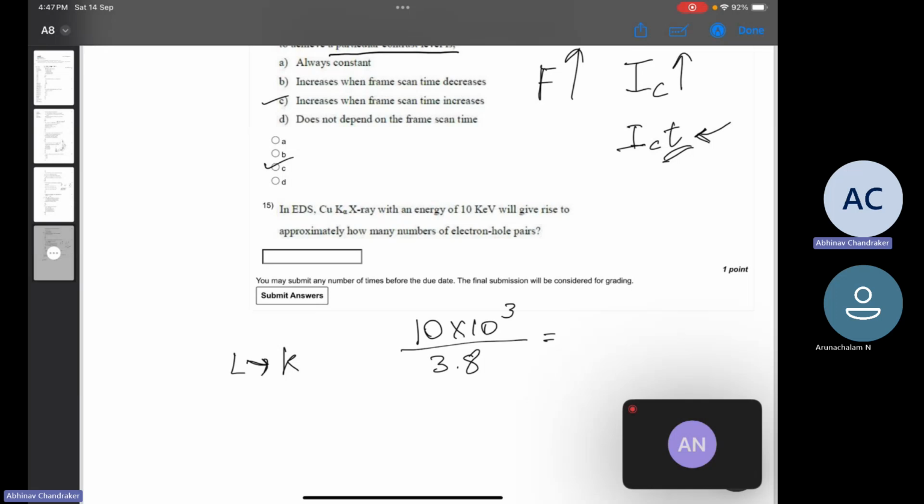This will be approximately 2500. The exact value is 2631 pairs.